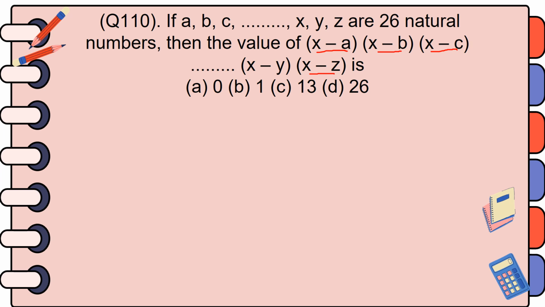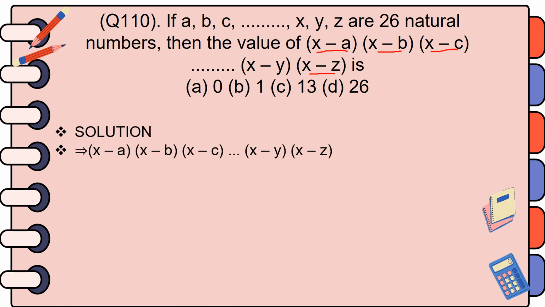For given natural numbers A up to Z, you have to find out the value of x minus A multiplied by x minus B multiplied by x minus C up to x minus Z. To get the answer, let us rewrite it as such: x minus A multiplied by x minus B multiplied by x minus C up to x minus Z.